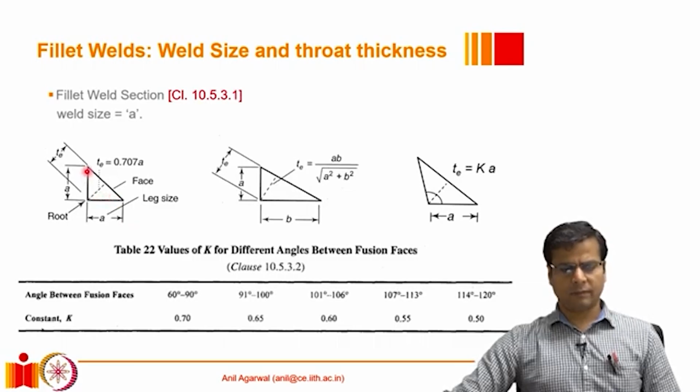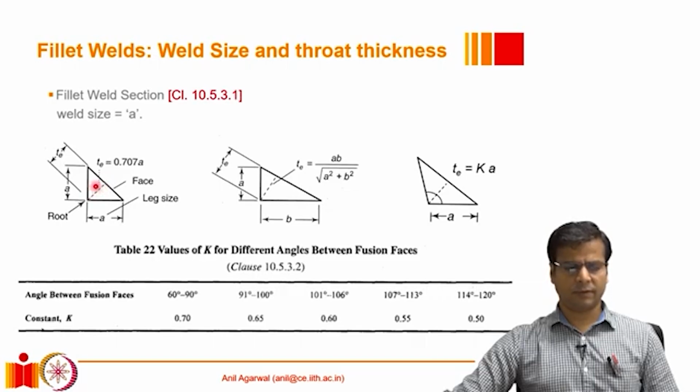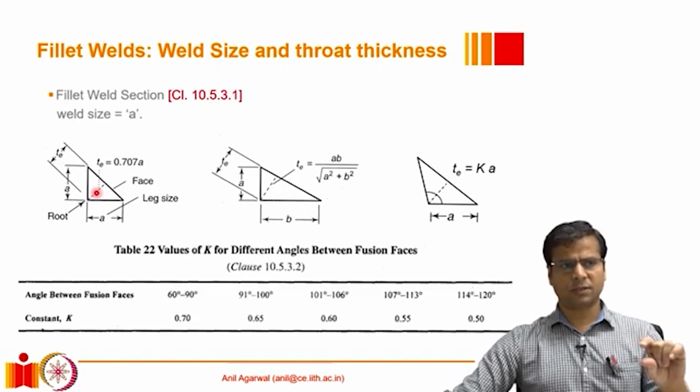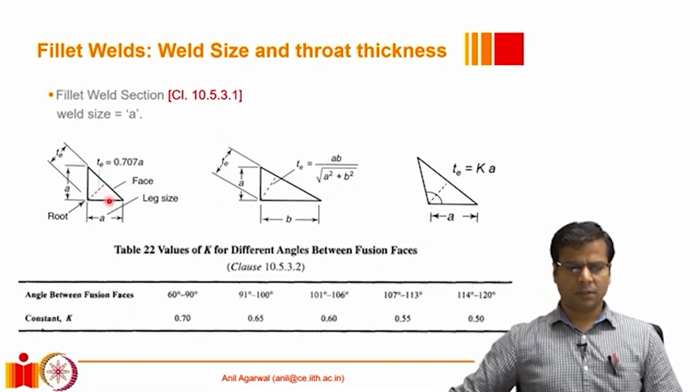When it comes to the dimensions of fillet welds, there is one specific dimension of a weld that becomes very critical when it comes to the strength of a fillet weld. Unlike a groove weld, where it takes the geometry or the shape of the parent material itself, a fillet weld has a triangular shape.